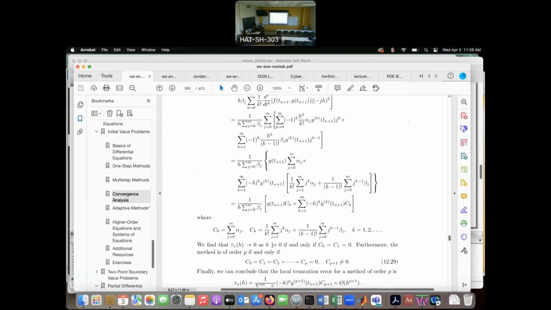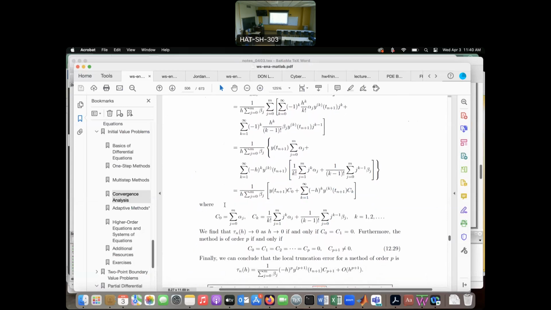So if all these coefficients, C0, C1, C2, up to C_p, are all equal to 0, and the next one, C_{p+1}, is non-zero, then the order of accuracy is p. Let's suppose that all these C's are 0 up until C_{p+1}. That's multiplied by h to the p+1. So we have an h in the denominator down here, and the local truncation error is big O of h to the p.